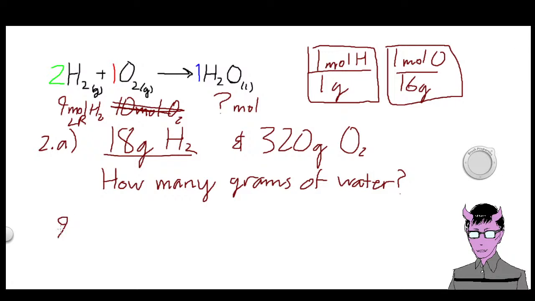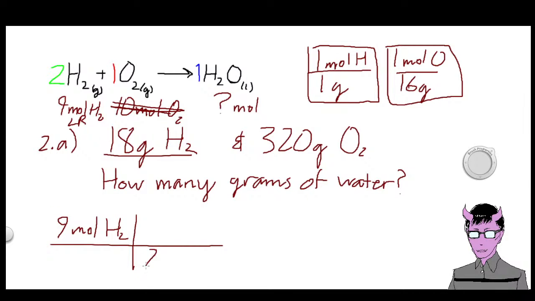So given now that we know that the hydrogen is the limiting reactant, we're going to use it to figure out that one. So for every 9 moles of hydrogen we will be using, I'm sorry, that's how many we actually have.